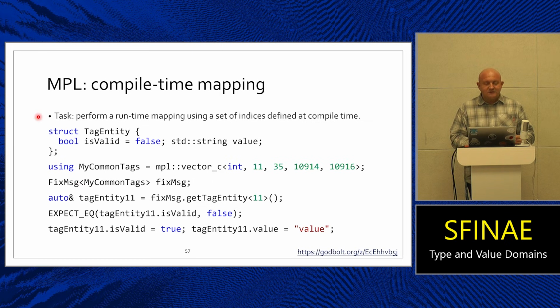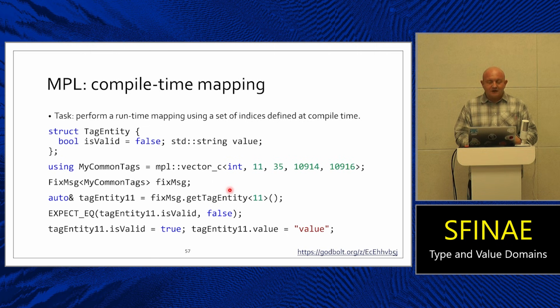And let's solve some real task using MPL. A compile time mapping. Imagine we have an mpl::vector_c, a compile time vector, of int: 11, 35, and two other big numbers, a list of tag IDs known at compile time.